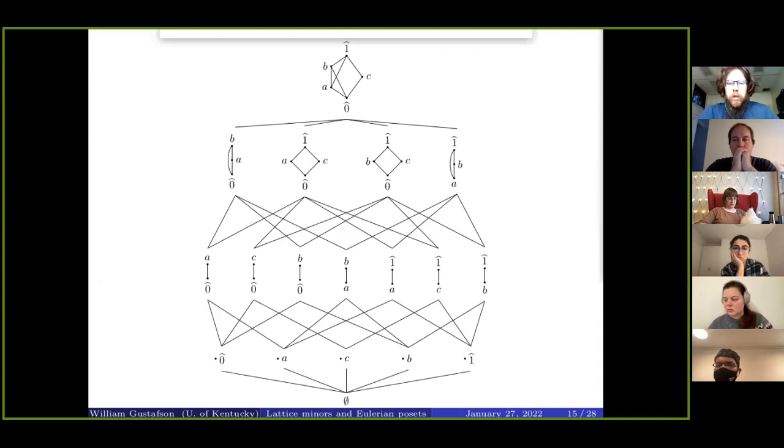Just above that, there's 7 elements at the second level, which correspond to the 7 edges in this diagram. And you can also see that this poset is ranked, and the rank function is given by the number of generators of a minor plus 1. So at the bottom, we've got minors with no generators, and then 1 generator, 2 generators, and then there's just the top element with 3 generators.